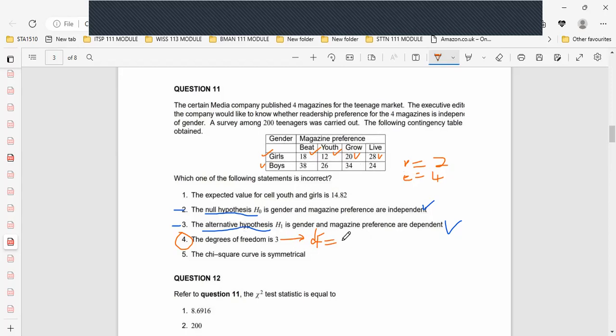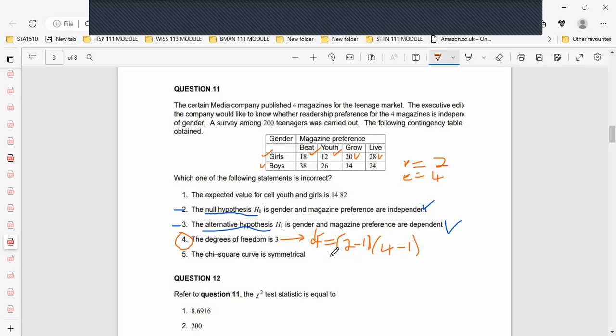It's r minus 1, so 2 minus 1, close bracket, then open bracket, then the column total, remember the formula, it's 4 minus 1.